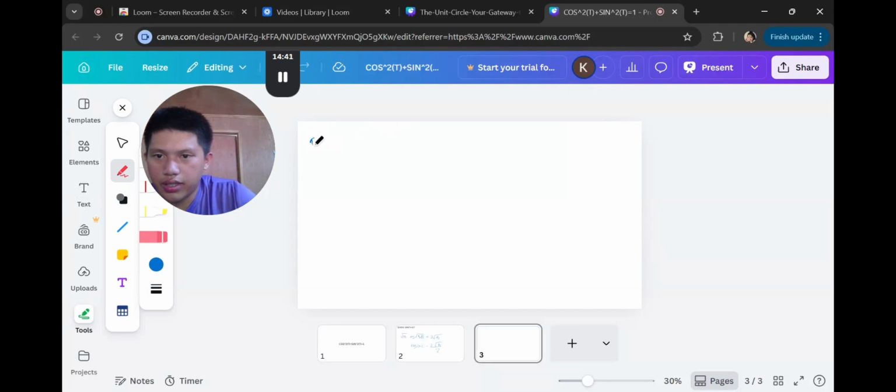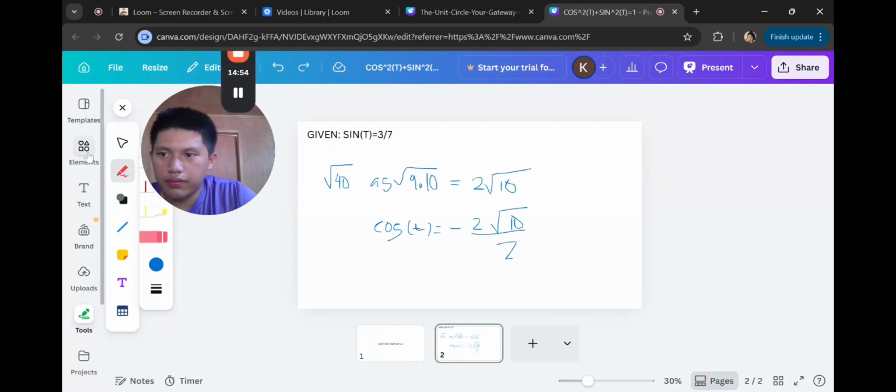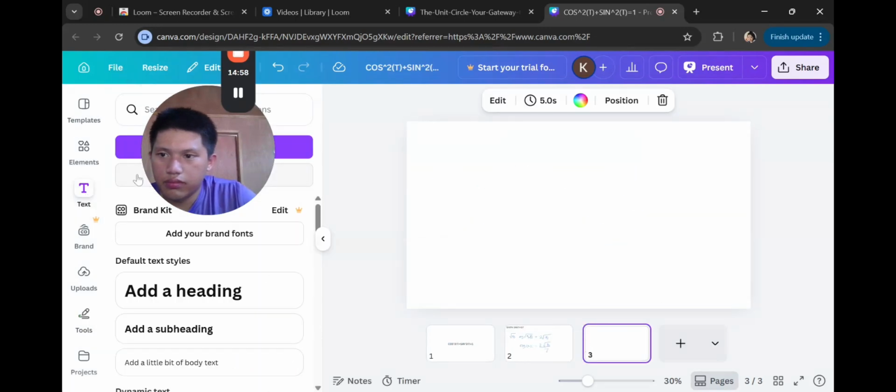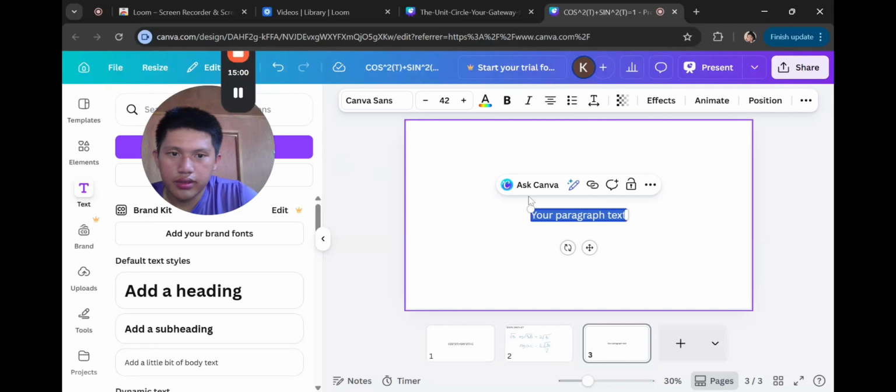Here is the angle theta. Let's add text na lang, guys.